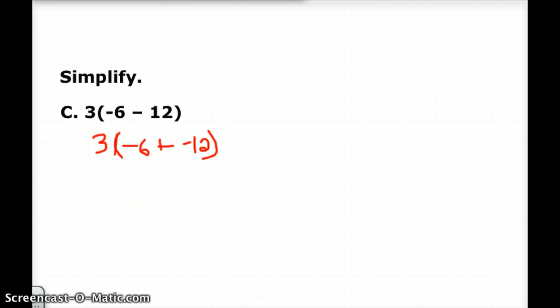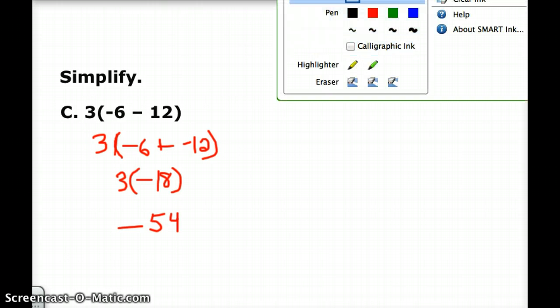Now inside the parentheses we know that negative 6 plus negative 12 is negative 18. A positive times a negative is a negative, and 18 times 3, if we do some mental math, 10 times 3 is 30, 8 times 3 is 24, and 30 plus 24 is 54, leaving us with an answer of negative 54.